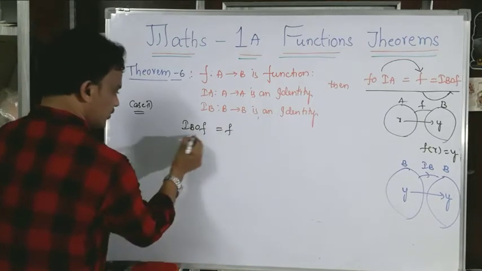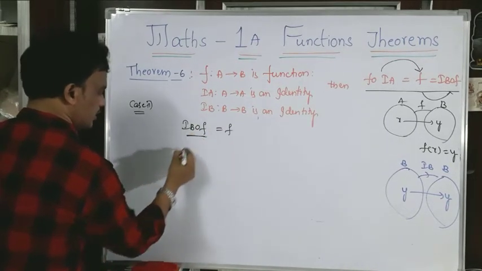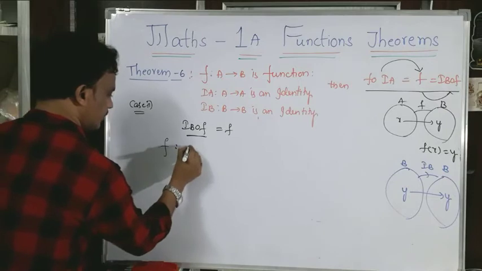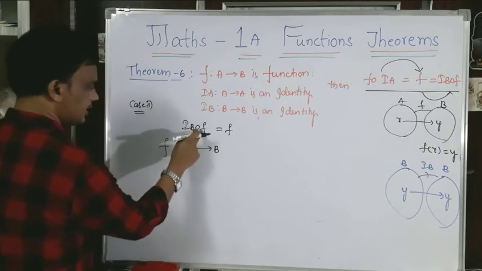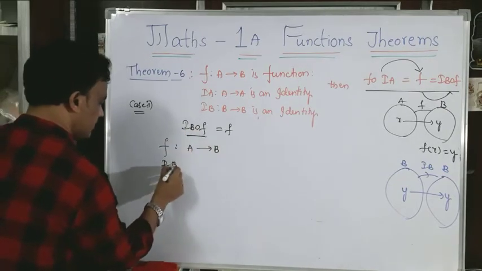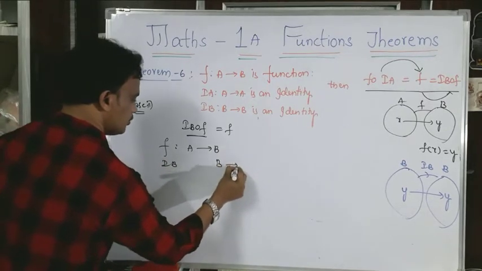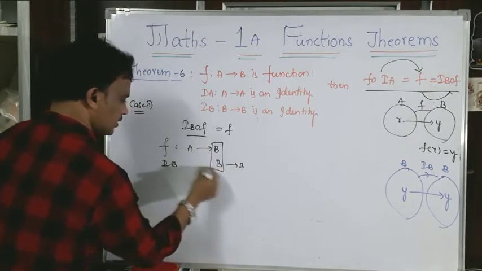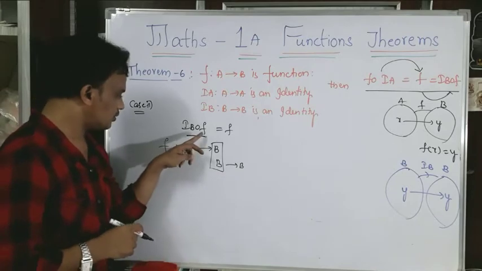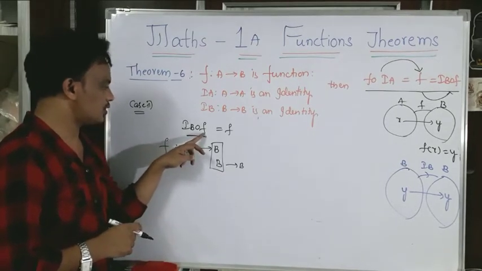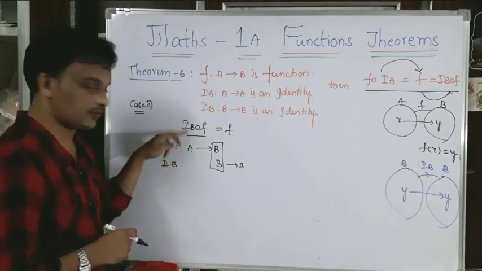Coming to the composite function, first let us check this. Since F is defined from A to B and IB, the identity function, is defined from B to B, the range of the first function is equal to the domain of the second function, so the composite function will exist.